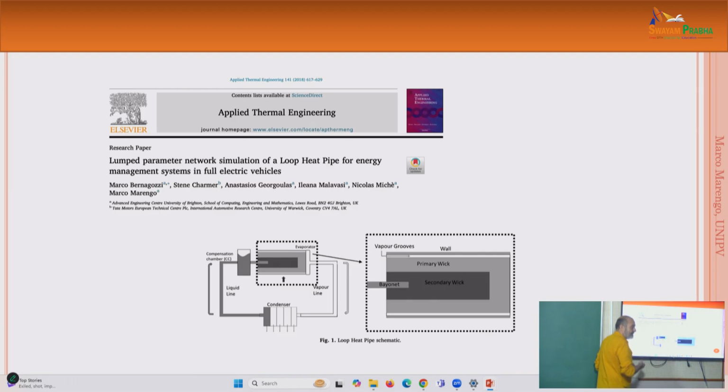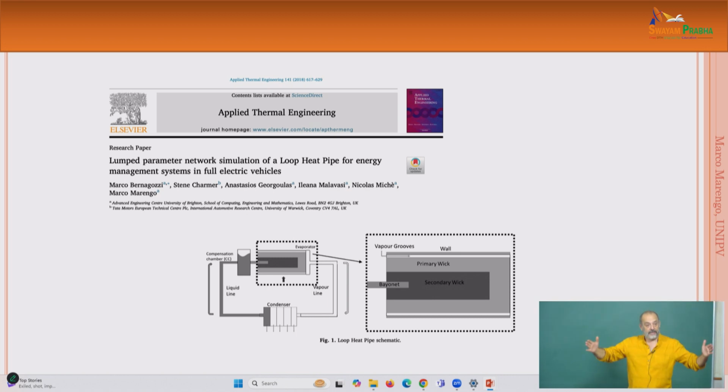One way is to have, for example, a small liquid line, but then we are reducing the length, the distances, because with a capillary we have more pressure drops. But of course, it's more efficient, because we are pushing the liquid from the condenser to the evaporator.